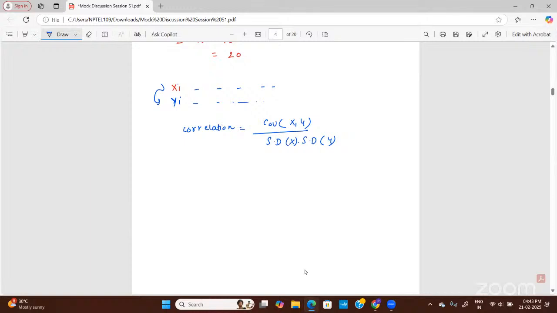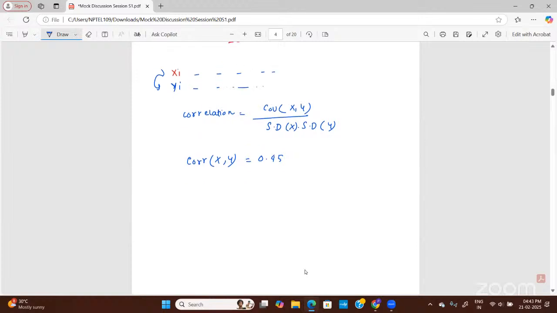Okay, so here we are given that the correlation between two variables x and y is 0.45. And then we have x values and y values. In the x values we are adding 0.1, and then we are doubling the y values, and then we are interchanging them also.